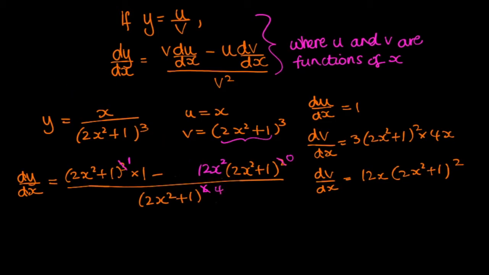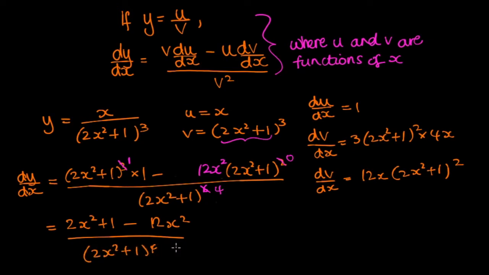So that leaves us with 2x squared plus 1 minus 12x squared times 1, because anything to the power of 0 is just 1, all over (2x squared plus 1) to the power of 4. So our final answer is 1 minus 10x squared, all divided by (2x squared plus 1) to the power of 4.